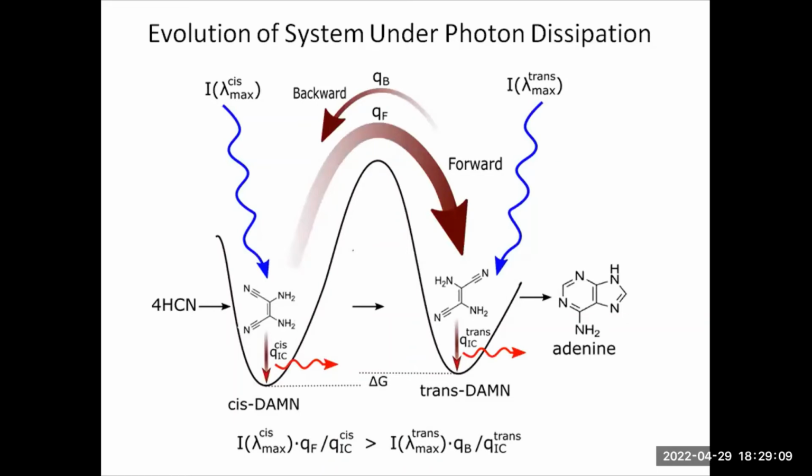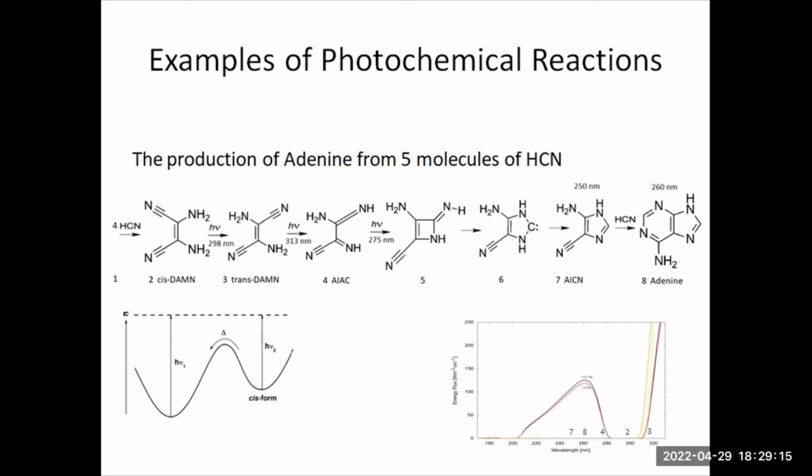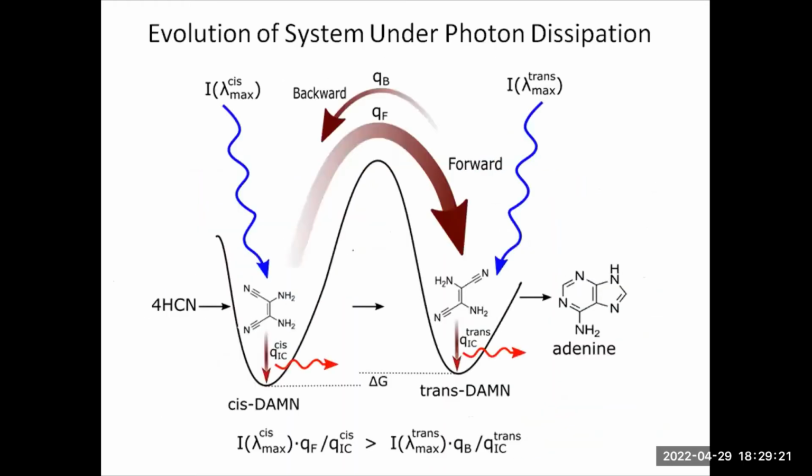So what about the evolution of the system? We're taking only the first step in this reaction, 2 going to 3, so cis-DAM going to trans-DAM. And as we mentioned, they have different wavelengths of maximum absorption.